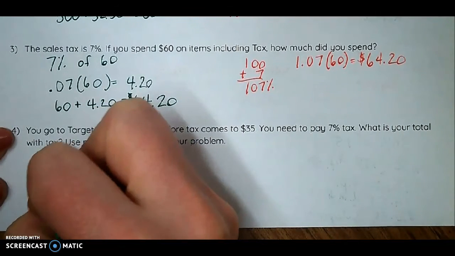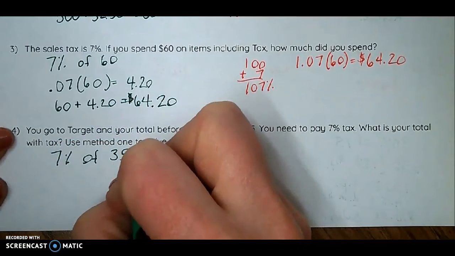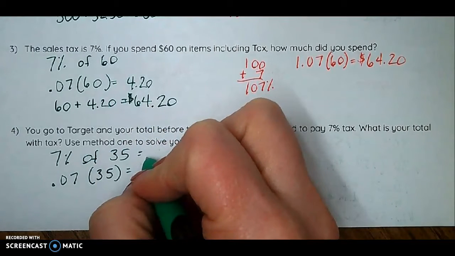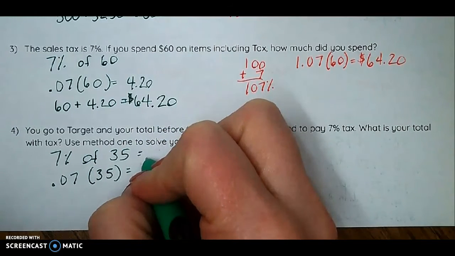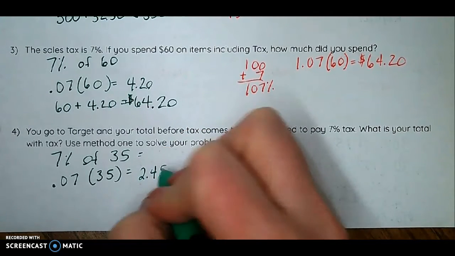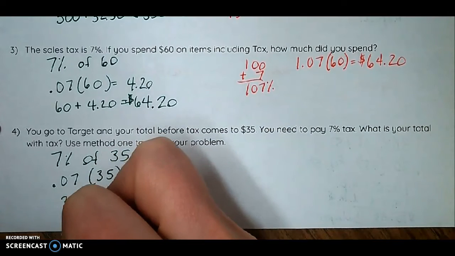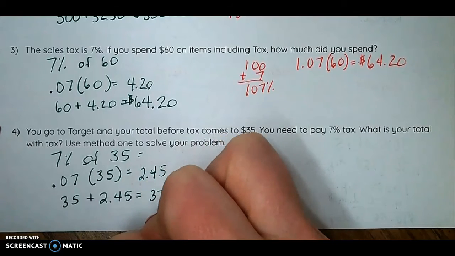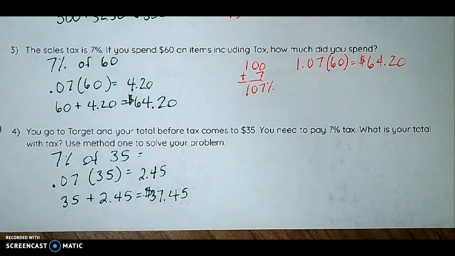So 7% of 35, which is 0.07 times 35, which is $2.45. I'm going to add that on, and I'm going to get $37.45. So this amount right here is the tax, and then that is my total with tax.